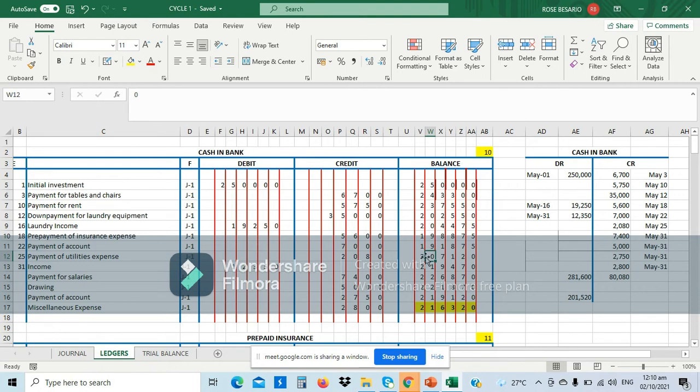That is equal to 189,795. And then this one we add plus 12,350. So you have 202,145.